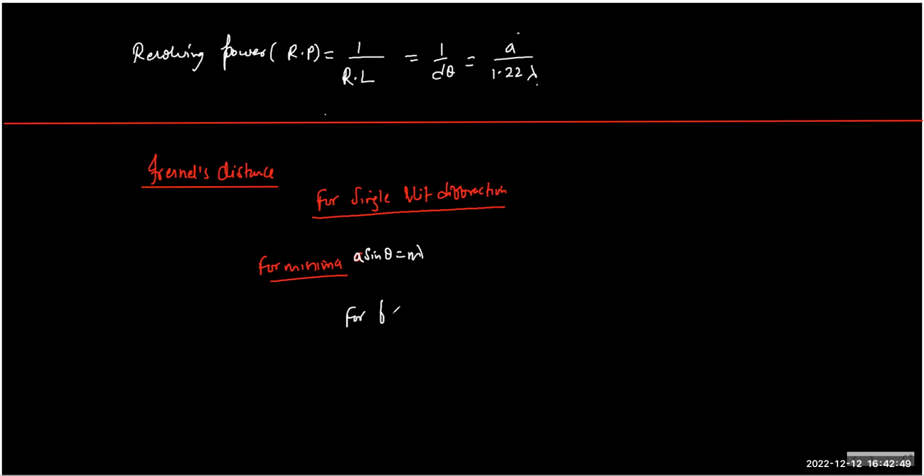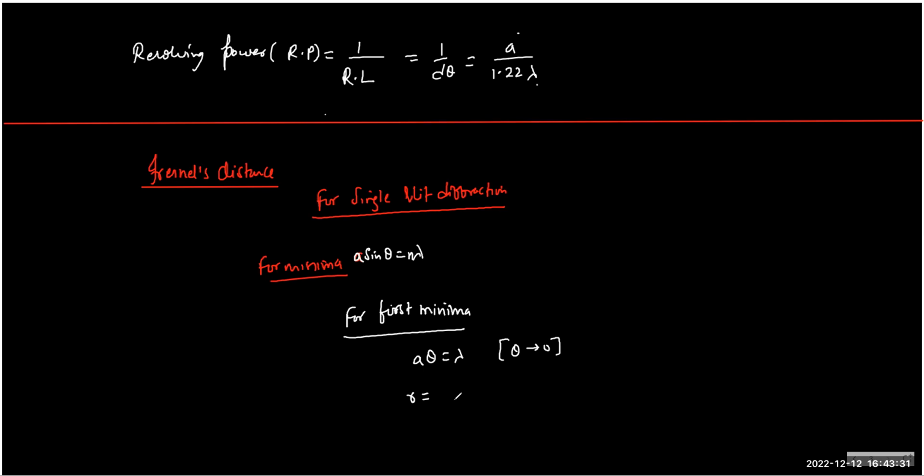So for first minima, A theta equals lambda, you can say for a small angle. You can write it the way you want. So you can say A d theta equals lambda, or just simply A theta equals lambda, doesn't matter. So in that case, the R is how much? The width. You can say R only.